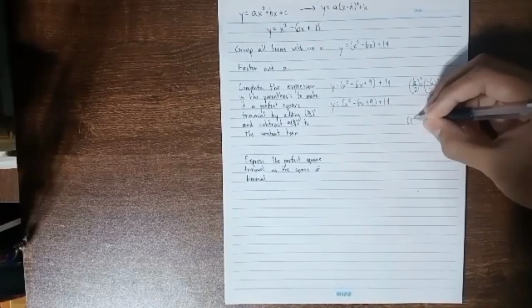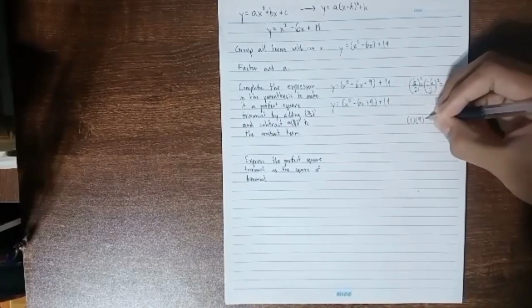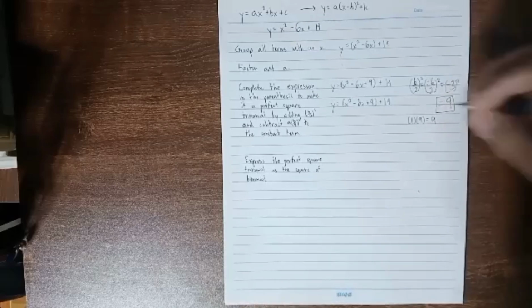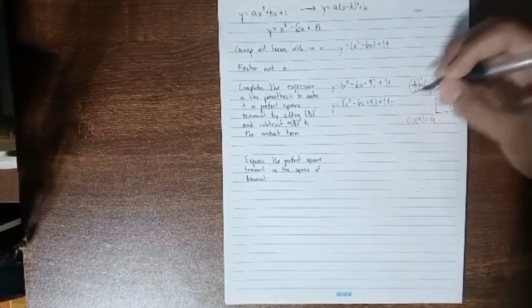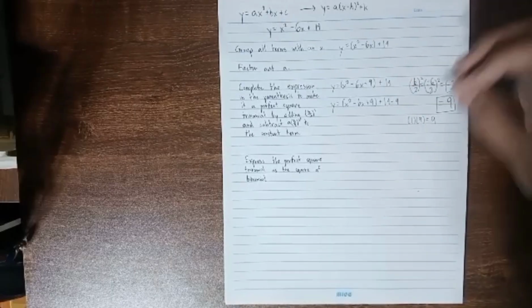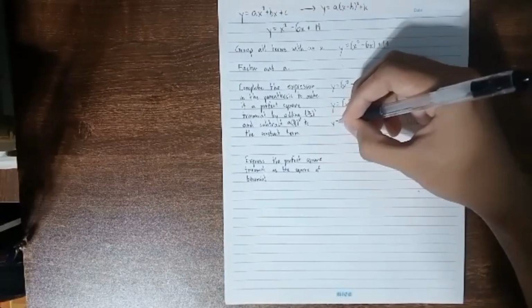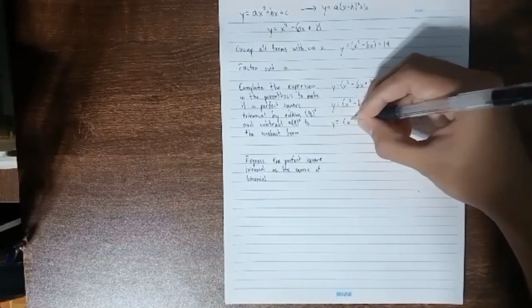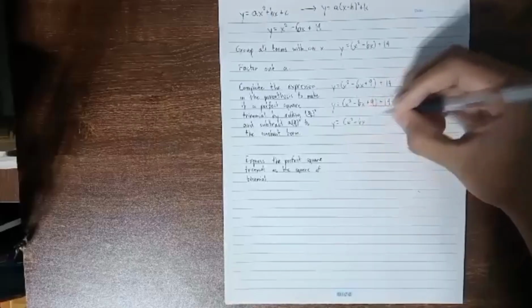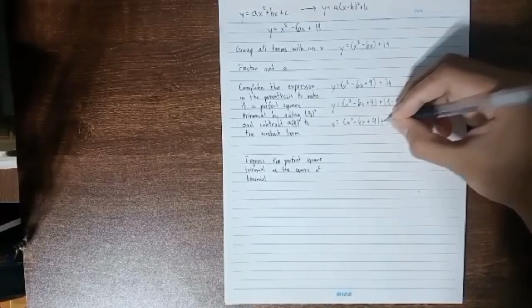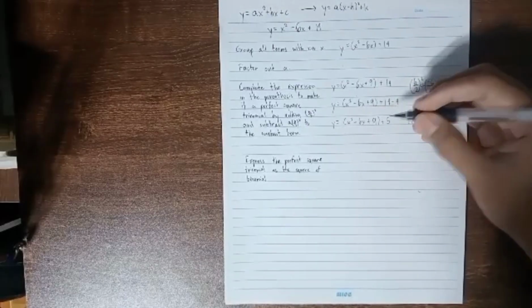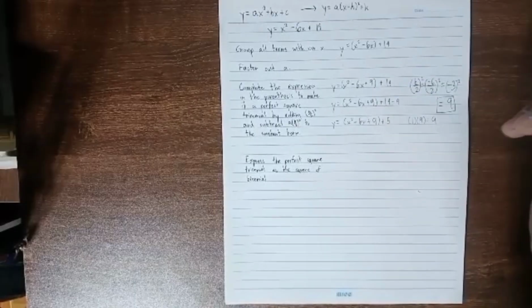So 1 times 9, that's equal to 9. So we're going to subtract 9 from 14. Simplify, we're going to get x squared minus 6x plus 9 plus 5, because 14 minus 9 is equal to 5.